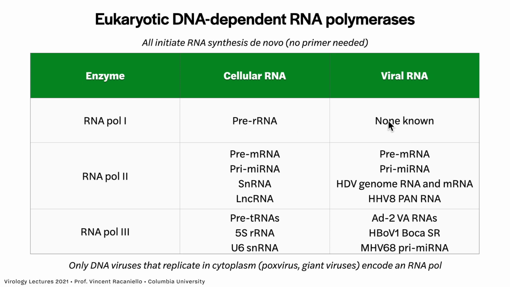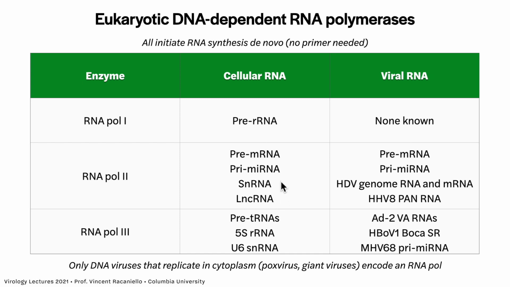As far as we know, there's no Pol 1 transcripts of viral DNAs. But then we have Pol 2, which is the workhorse here, makes the precursor to mRNA. It makes the primary microRNAs. These are regulatory RNAs we'll talk about in a bit. Small nuclear RNAs are parts of the spliceosome. And then long non-coding RNAs.